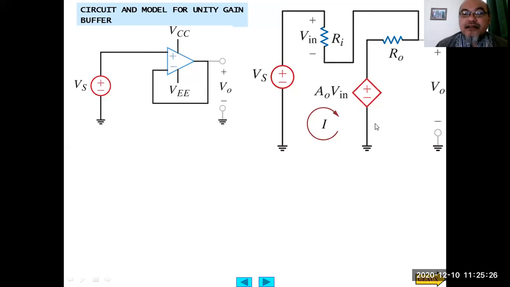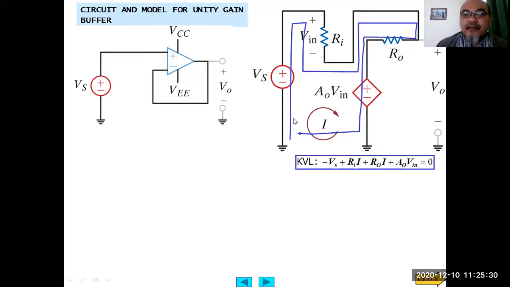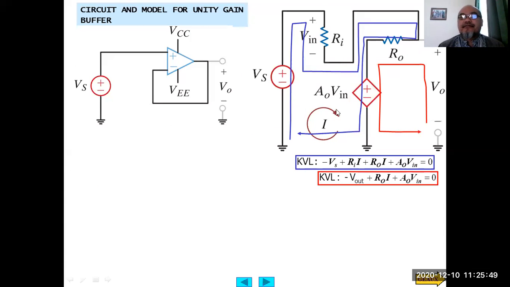So here we can analyze using loop analysis. In the first loop: minus Vs plus I times Ri plus Ro times I, plus AO times Vin, equals 0. The second loop is this part, going counterclockwise: negative V output plus RO times I plus AO times Vin equals 0.